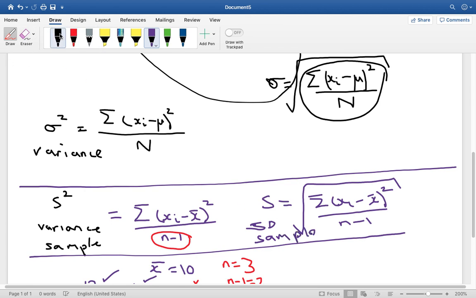And just to finish off, this was the variance of a population. And this is the standard deviation up here. This up here is the standard deviation of a population. So familiarize yourself with population and sample, and you can just go back and look at this.